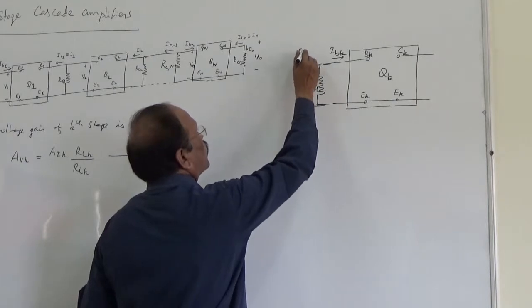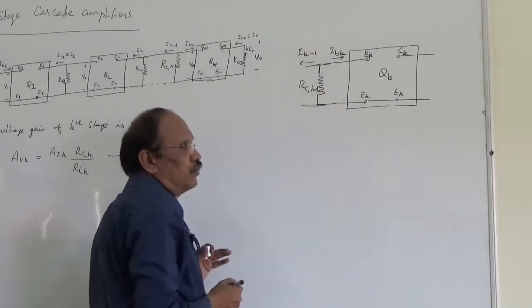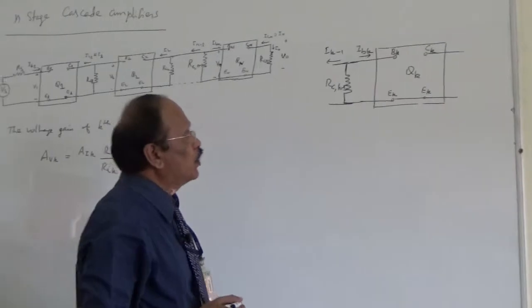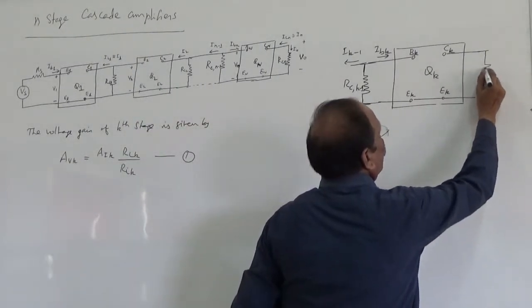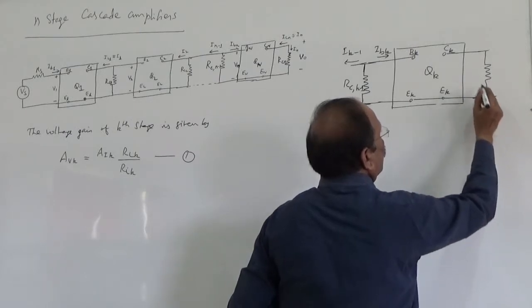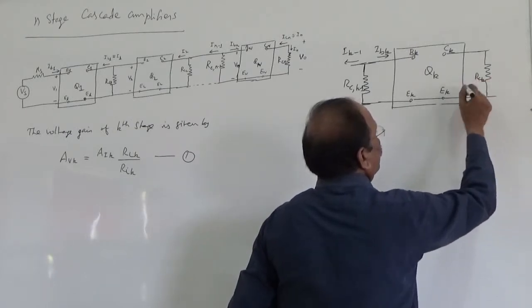This will be the previous current, the previous stage output current I K minus 1, and of course this will be the RCK.